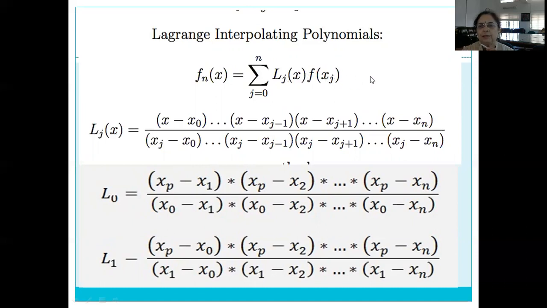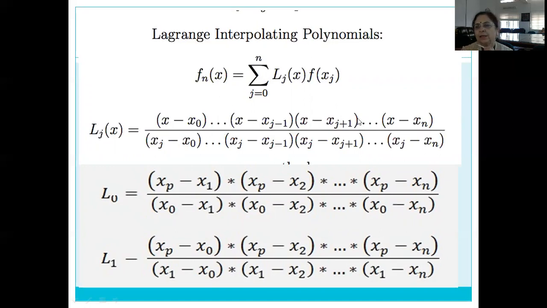We would be given the data points x0 to xn and the function values for each of these x points, f of x0 to f of xn. We would be required to calculate or fix a function at a general point x in the range x0 to xn.